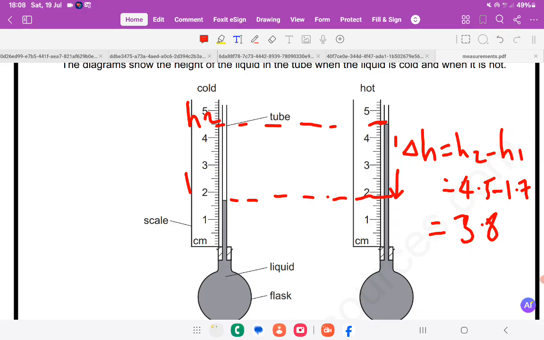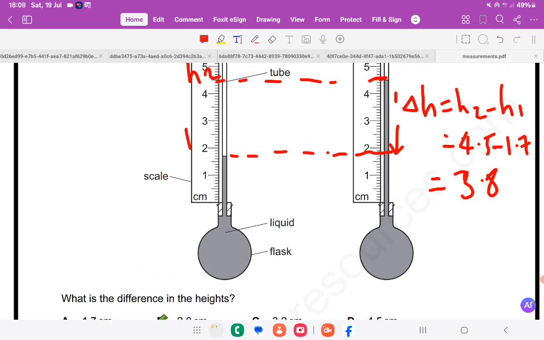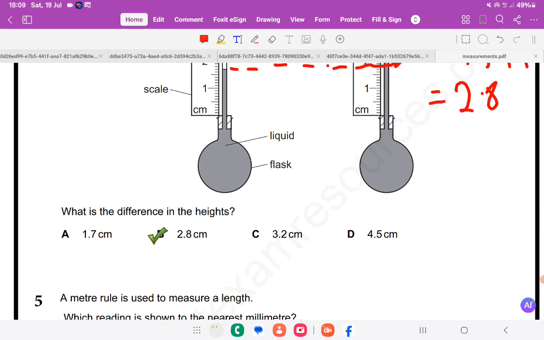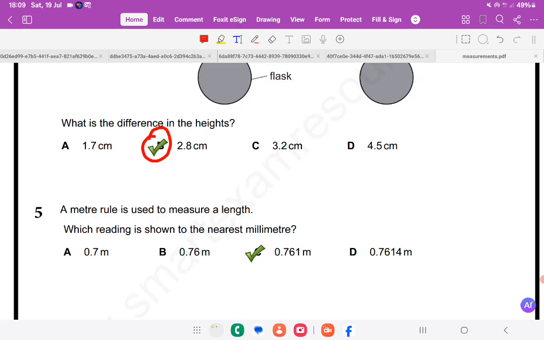Okay, so the height difference is 3.8. No, it should be 2.8 actually. Yeah. So this is 2.8. So therefore the answer is B. Please convince yourself that you can do this calculation.